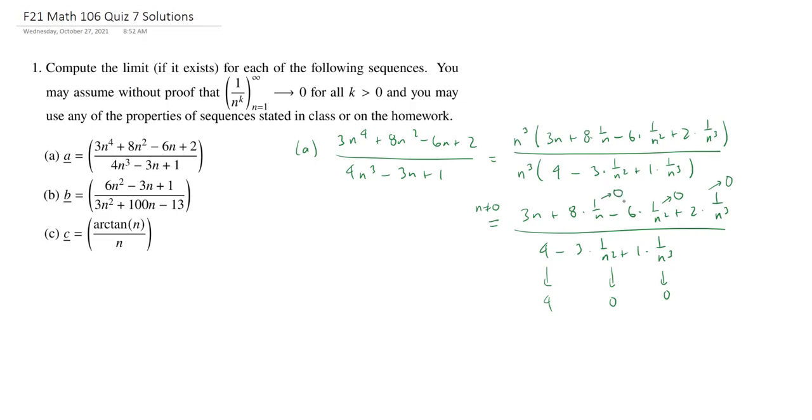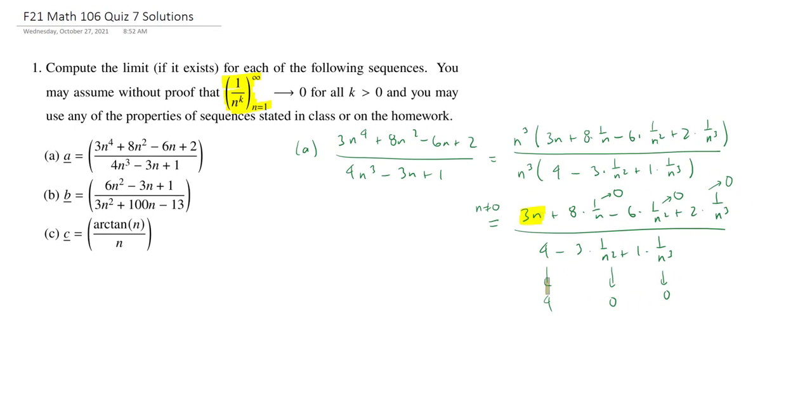Why did I know all these were going to 0? Of course, we had this great assumption in the problem. We know that if you look at any of these pieces, they're all going to go to 0. But then there's this last piece here, the 3n. Everything else is going to 0.